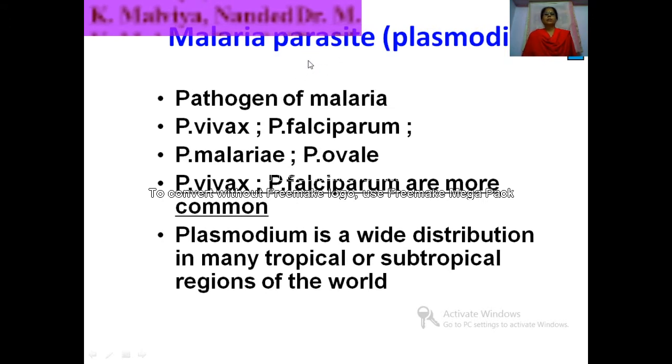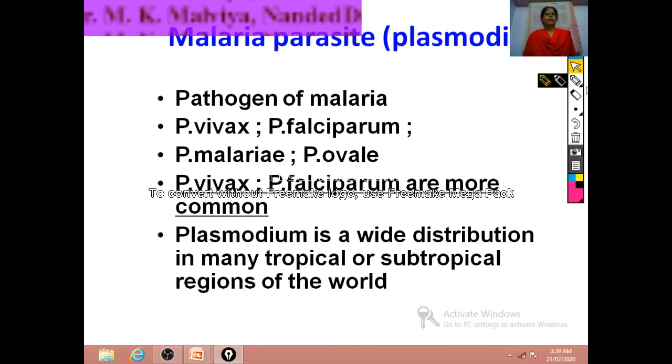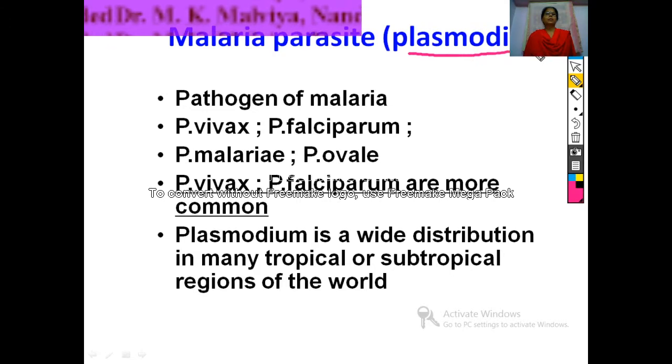Previously it was felt that malaria occurs by bad air. Mal means bad and aria means air. It was thought that malaria is caused by bad air, but later it was discovered that malaria is caused by the parasite known as Plasmodium.